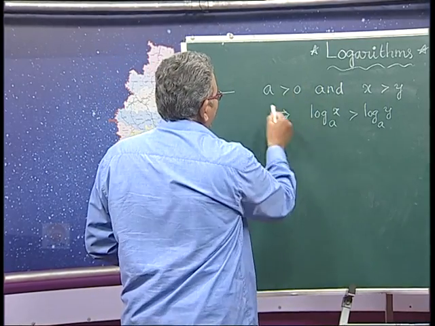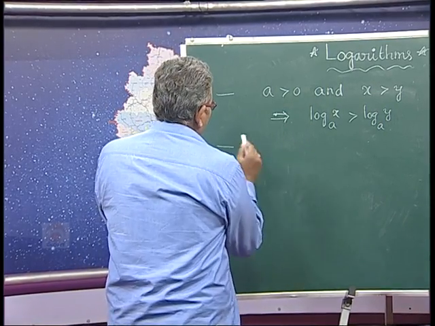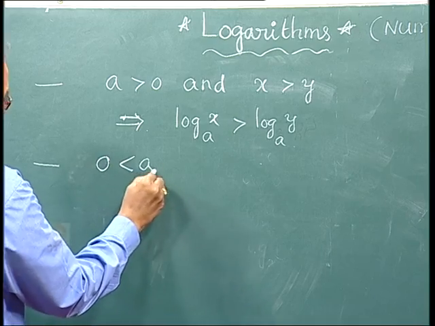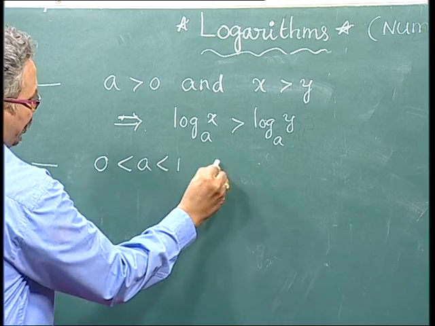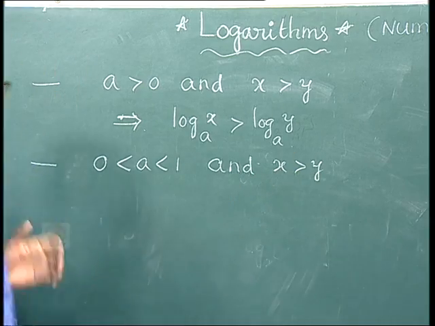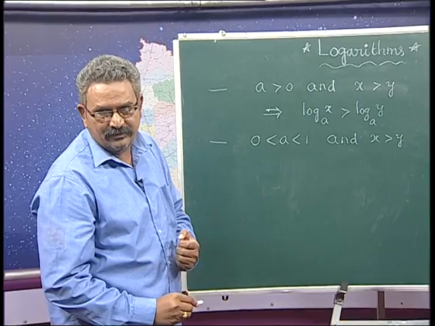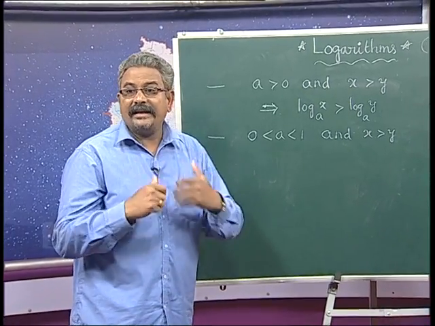Suppose instead of a greater than 1, 0 less than a less than 1 is there, provided x greater than y. If you apply logarithm on both sides, what shall we get? Let us see.